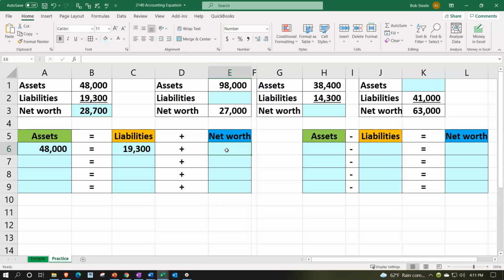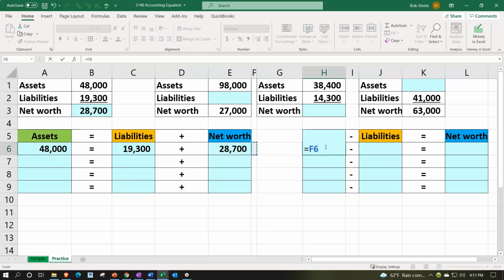Then I can back into the net worth, solving for x: 48,000 equals 19,300 plus x. Subtract 19,300 from both sides, and you get 48,000 minus the 19,300, giving us the 28,700. If you select these two cells, you can double check that it adds up to the 48,000 here.